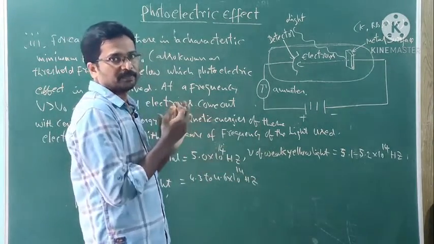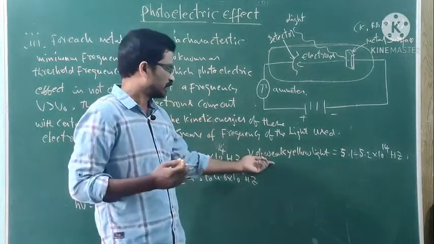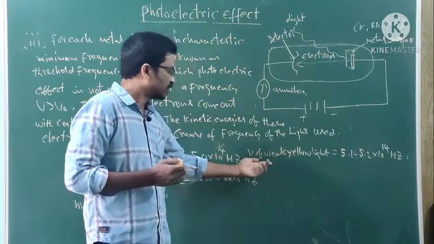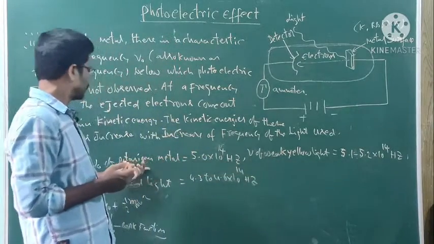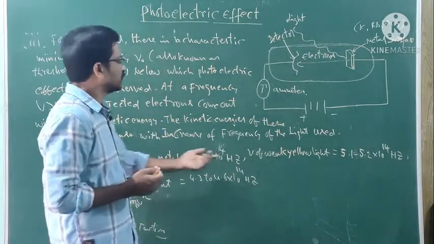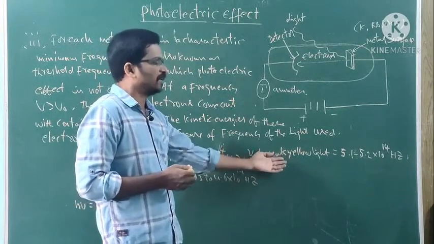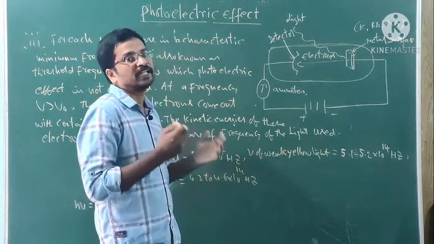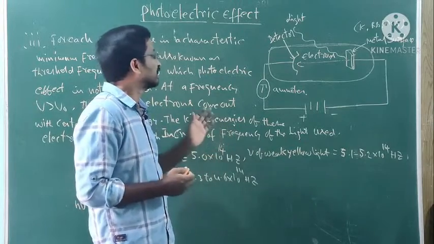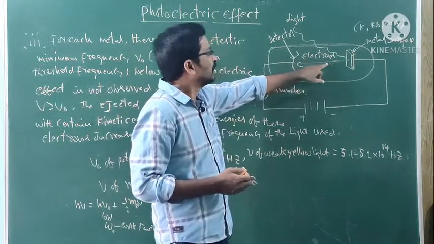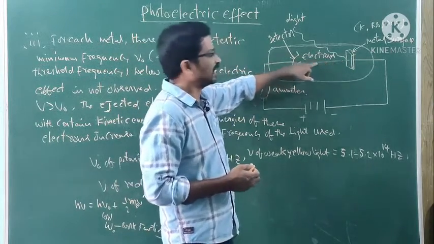The gap between the projected light frequency and the threshold frequency is very large. That energy gets converted into the kinetic energy of the ejected electrons.